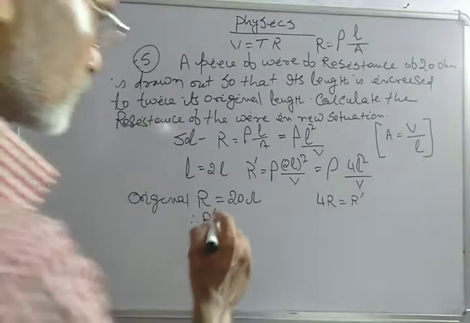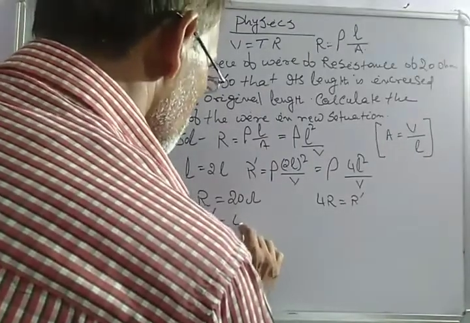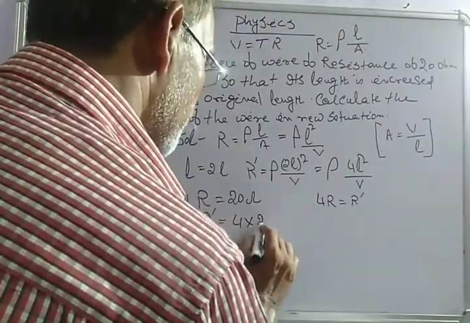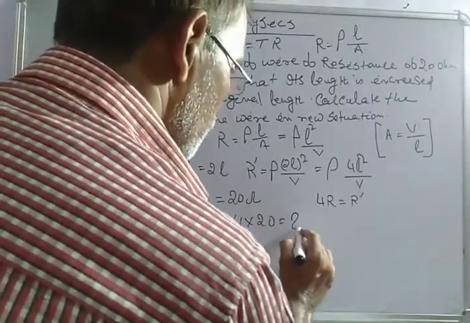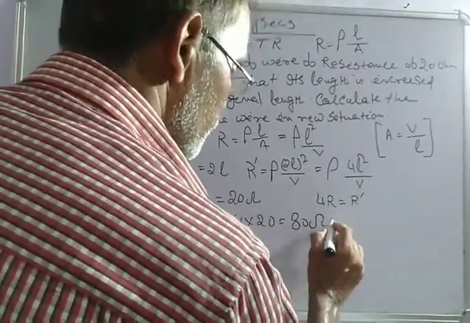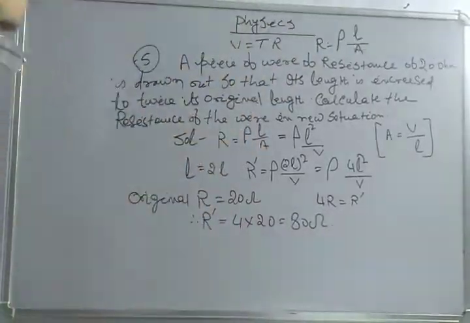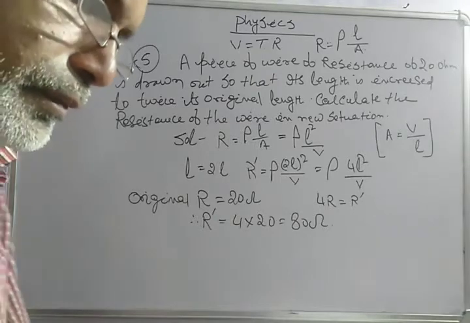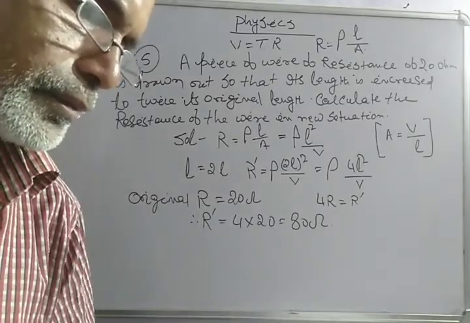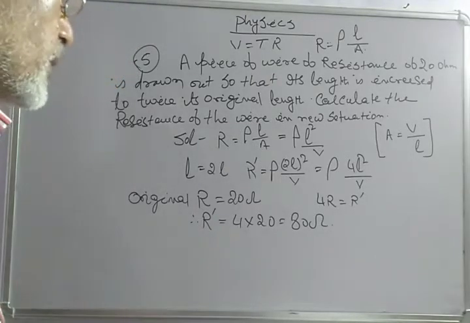So R dash is equal to 4 into 20, which is equal to 80 ohm.